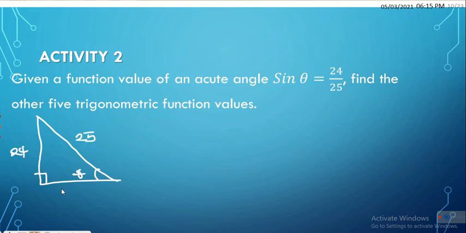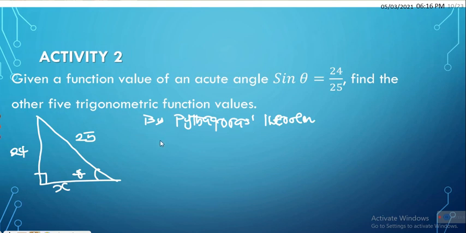So here, the first thing we need to do is to find the adjacent. So let's put x there. We can apply Pythagoras theorem here.